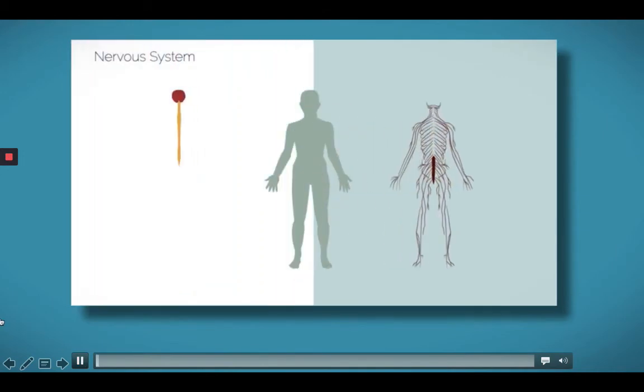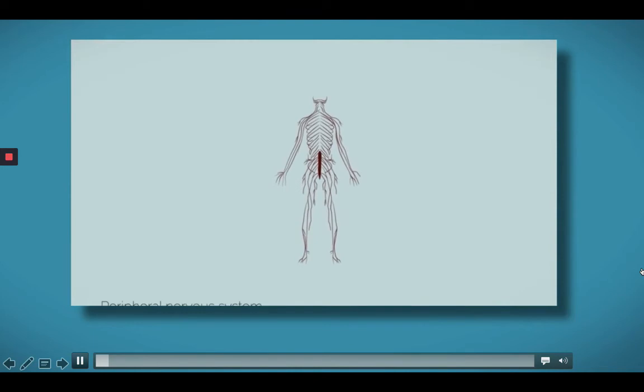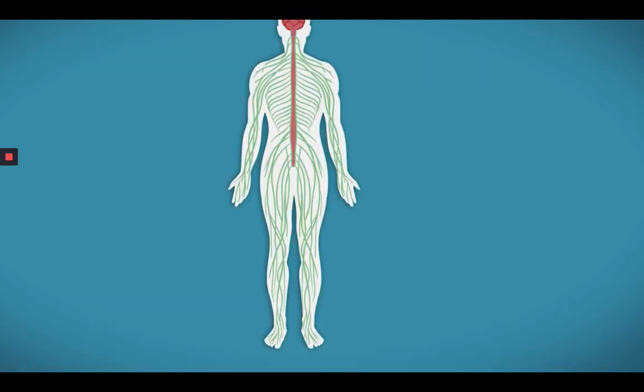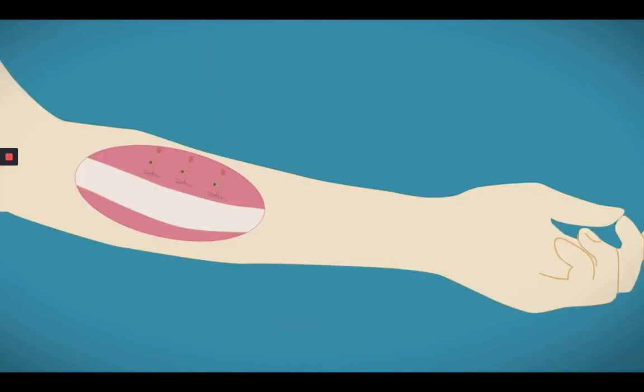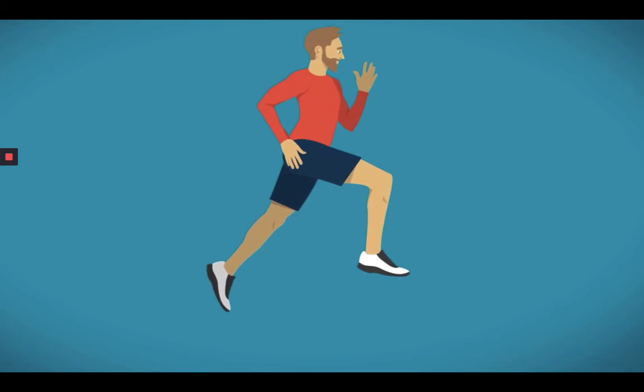You should already know that the nervous system is essentially a massive, complex, body-wide communication system. Messages are relayed to the central nervous system through sensory neurons. So a stimulus is detected by a receptor, which sends the electrical impulse message along a sensory neuron to the central nervous system. The central nervous system then relays the message via motor neurons to effectors, which provide a response, such as telling your legs to run.